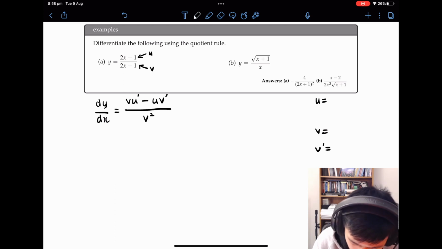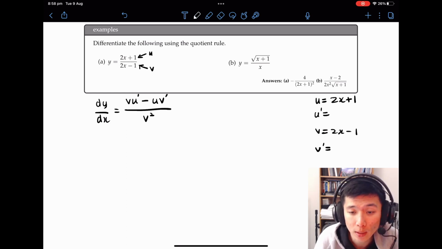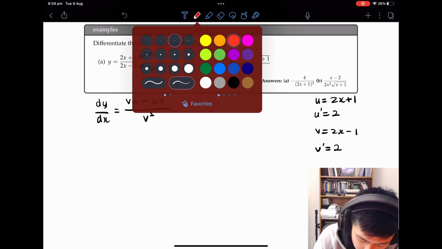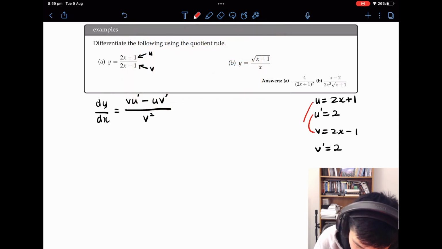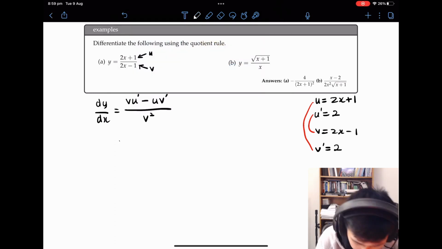So we have that our u is equal to 2x plus 1. Now v is 2x minus 1. We're going to differentiate both of them. When we differentiate u, we get 2, and we differentiate v, we also get 2. So now let's substitute these things into our quotient rule.